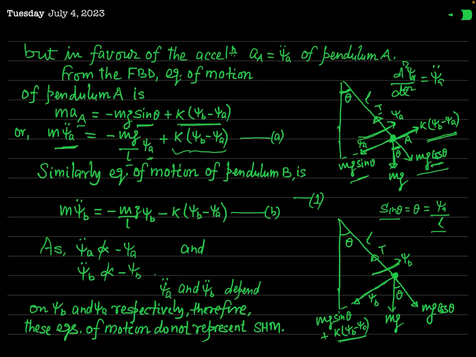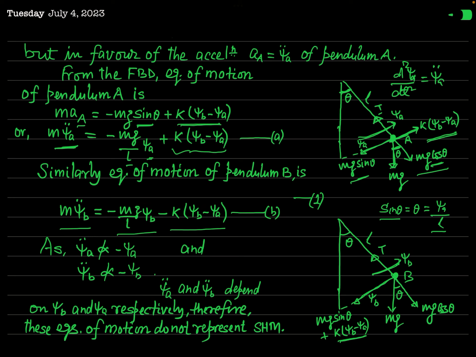Hence the equation of motion of this bob B will be written as m times psi b double dot equal to minus mg over L into psi b minus k times (psi b minus psi a).